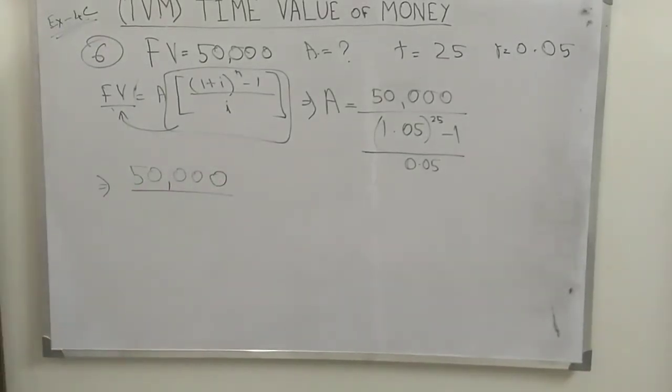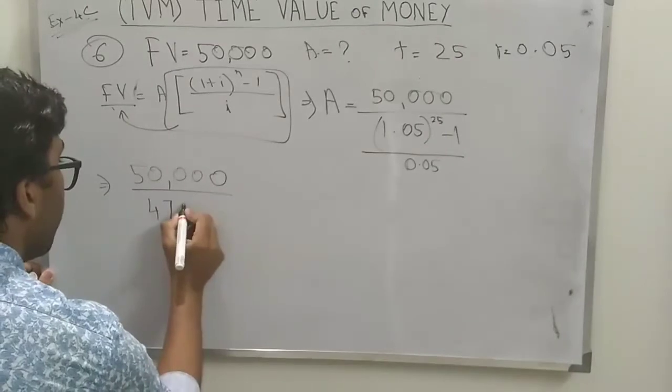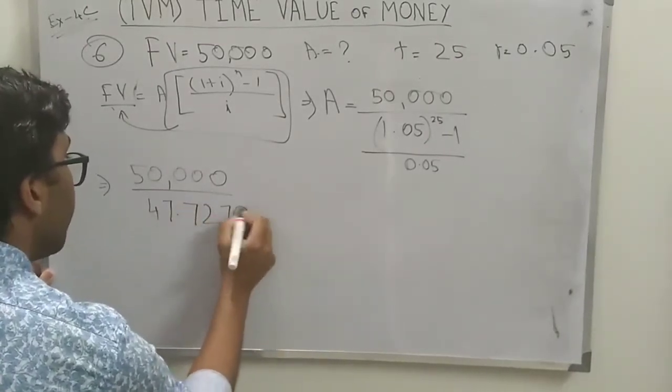That means 50,000 divided by, now I have to calculate 1.05 to the power 25, minus 1, divided by 0.05. The value is 47.7270.